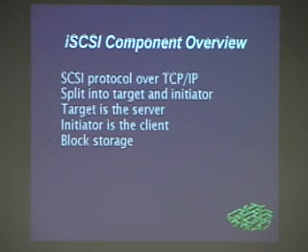The component overview, really. iSCSI, SCSI protocol over TCP/IP, is basically just a SCSI extender, so you can actually run it over the internet, and the iSCSI protocol itself is split into two parts.